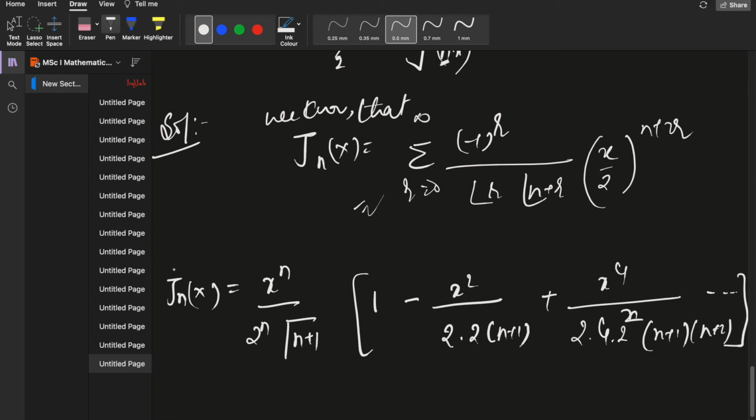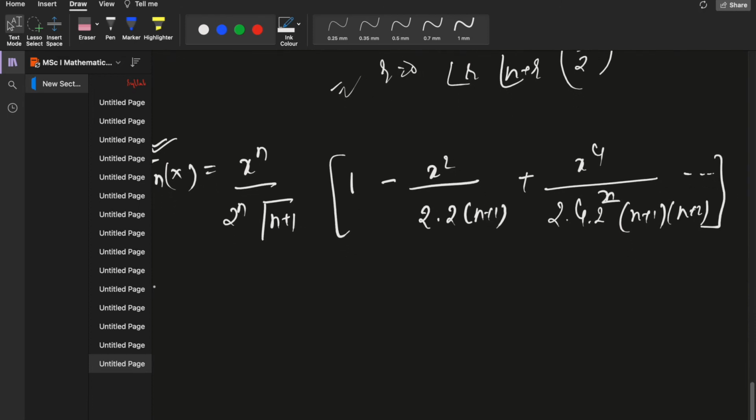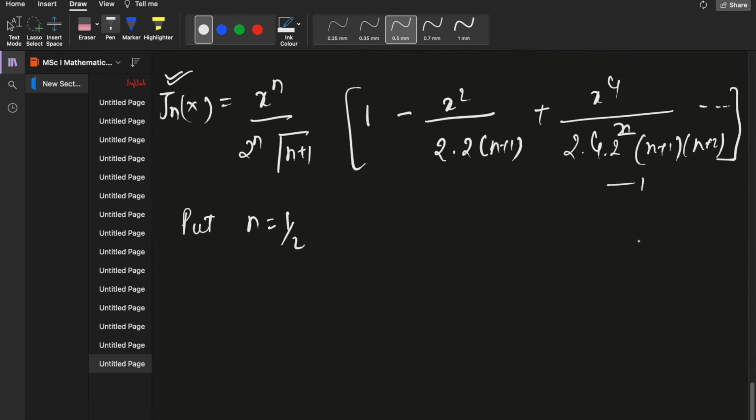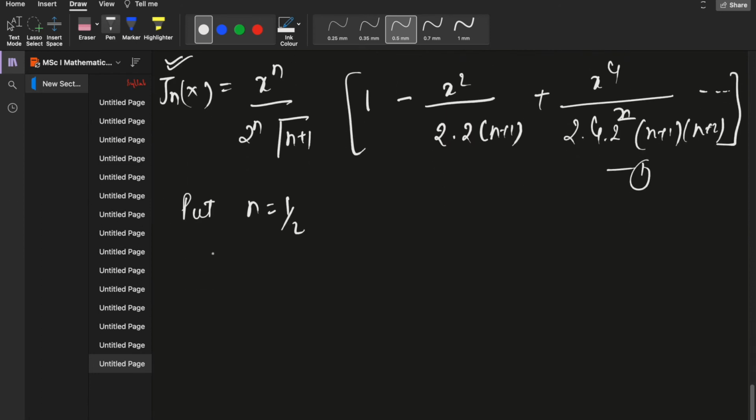This equation we had already derived in our previous lectures; please do check those videos. Alright, so just put n equals to half in this equation, say equation 1.